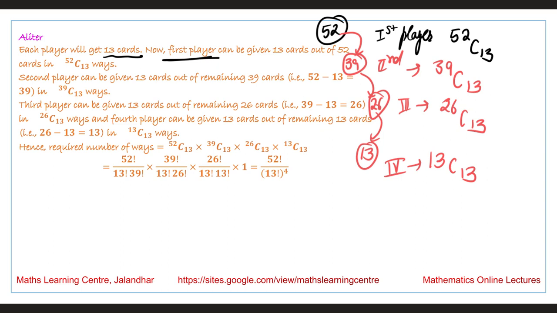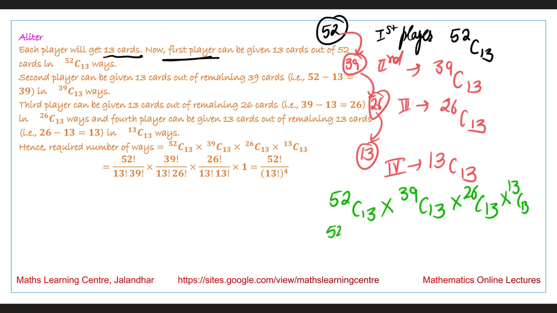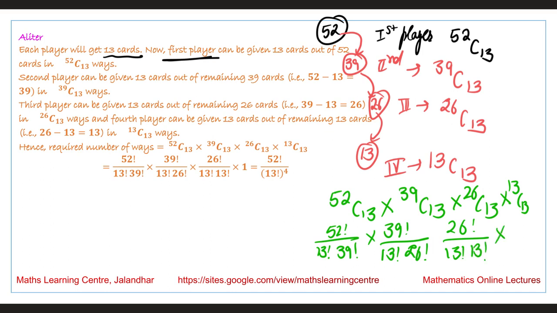So this is the stepwise process going on over here. By the fundamental principle of multiplication, the total number of ways is 52C13 into 39C13 into 26C13 into 13C13. On multiplying this, we get 52 factorial divided by 13 factorial into 39 factorial, times 39 factorial by 13 factorial into 26 factorial, times 26 factorial by 13 factorial into 13 factorial, and last we have 1.